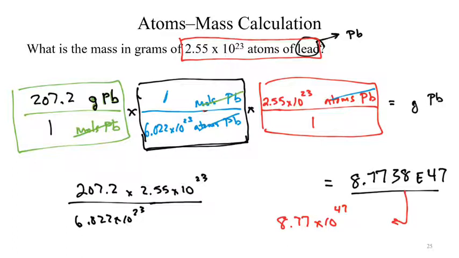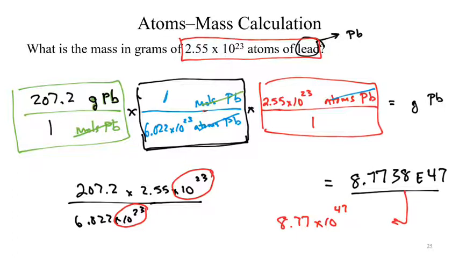Well, if we do some manipulations, we should recognize that this times 10 to the 23rd is the same on the top and the bottom and should cancel out. Okay? So if it cancels out, we should not be seeing a power of 10 that is to the 47. So what happened? Okay, what happened was a calculator mistake.